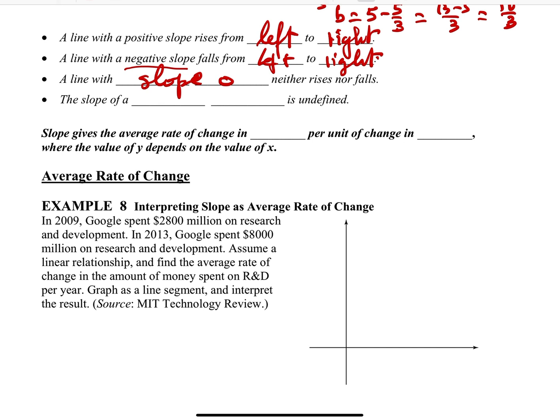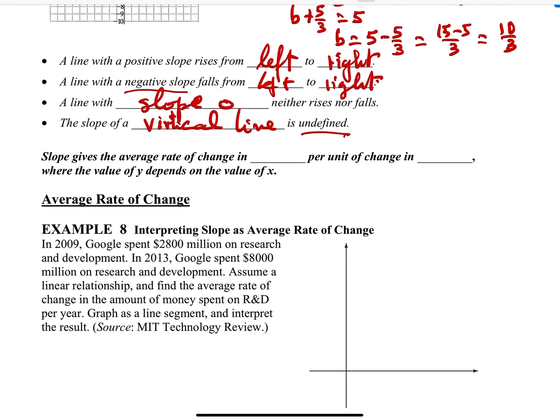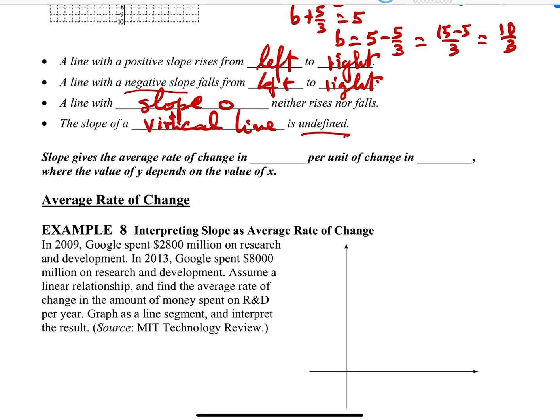Okay, it's just a constant line. The slope of a vertical line is undefined. Okay, read the definitions, go over them, and understand. Please understand the concept, and you should be good.